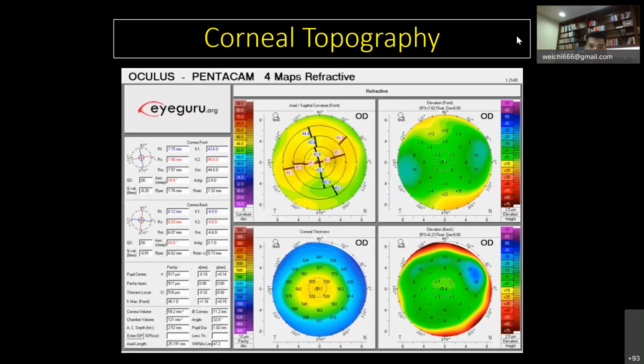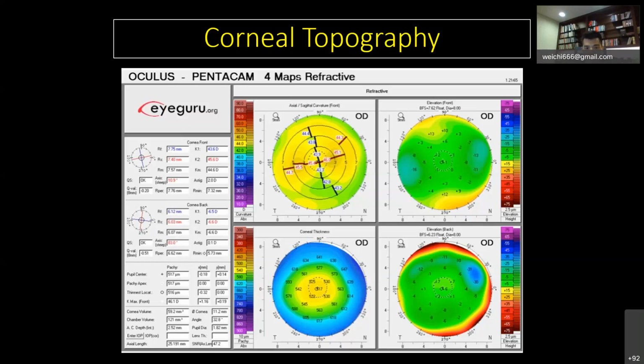So we also have a machine right now to evaluate a patient's meibomian gland status. And we also have a machine called corneal topography. It can be used to measure the corneal curvature and see if there's any abnormality. You could measure not only the anterior surface but also the posterior surface.